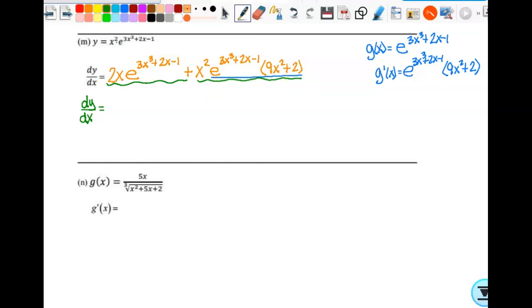In those 2 big terms, I could factor out or divide out... I can't divide out a 2. Yeah, that has a 2 in it, but it doesn't count. I can divide out an x. We agree with that? X. I can also divide out an e to the 3x cubed plus 2x minus 1 power.